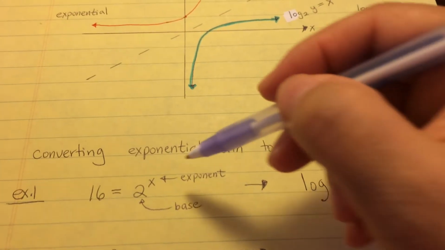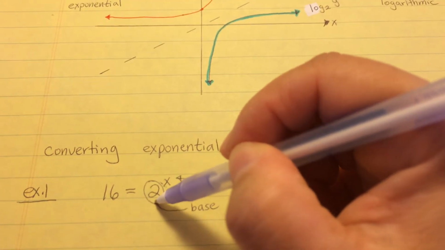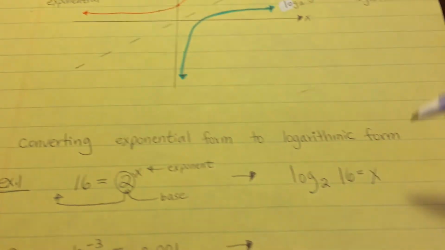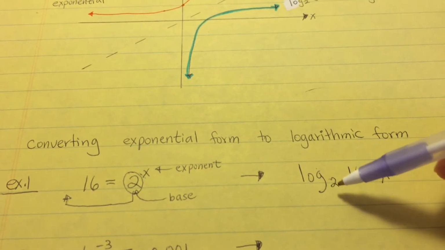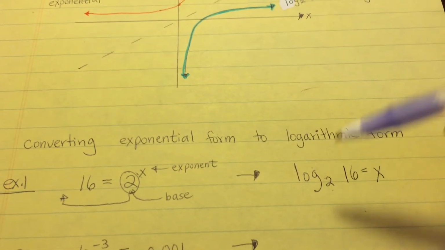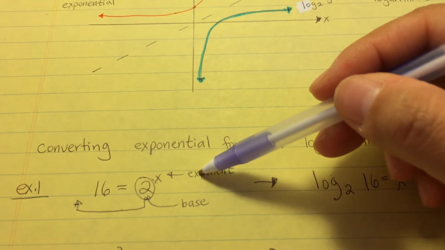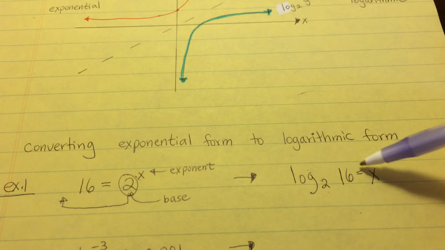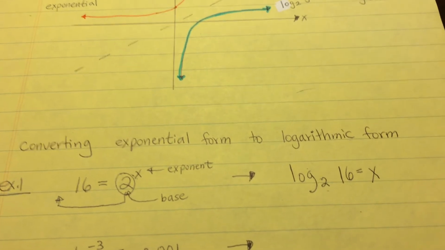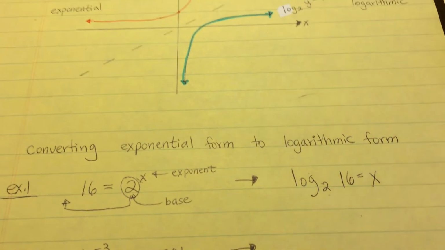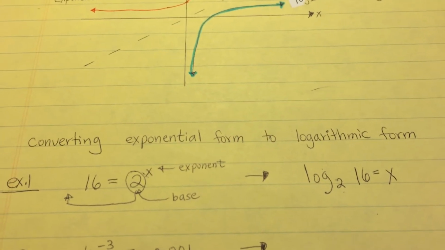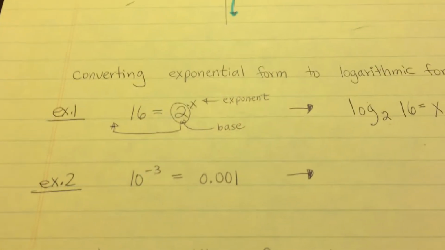Basically, you're taking the base right here, bringing it over to the other side, and making the word log appear with that new base. Then the x, which was an exponent up on the top, now drops down and becomes a big x right there. Okay, that's it. That's just converting from one form to the other form. We're not solving right now. That's the conversion part.